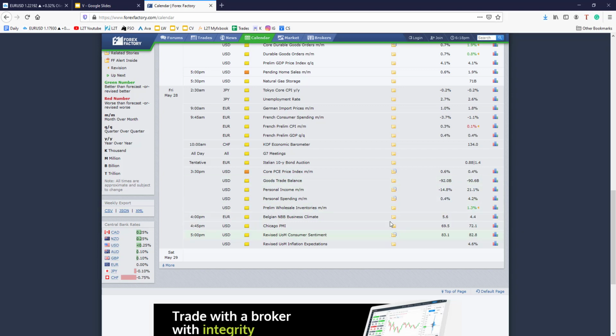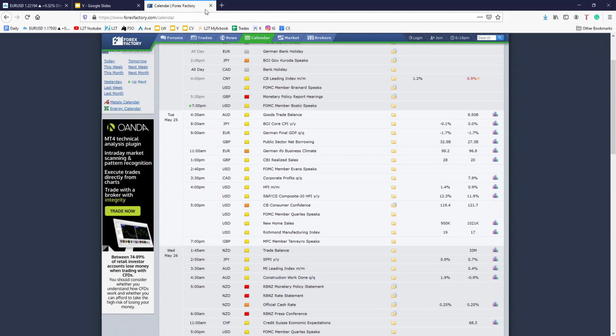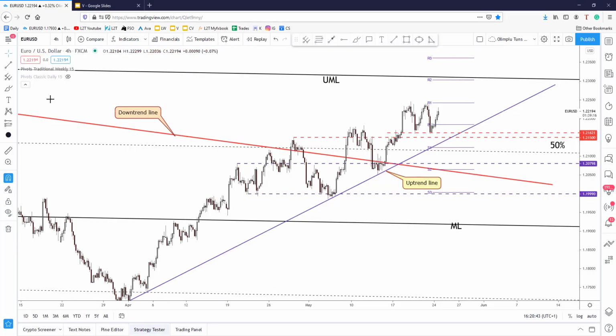If the US reports bad economic data, then the DXY may drop further and the US dollar could resume its depreciation.